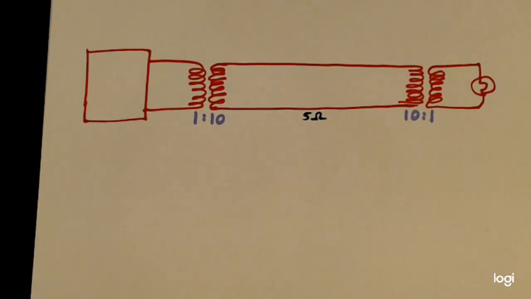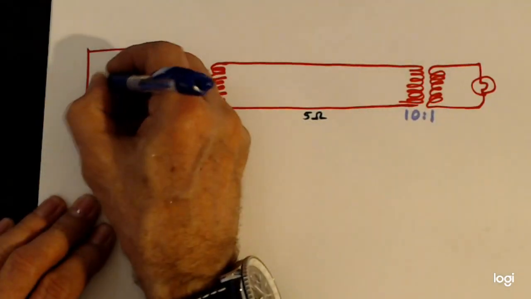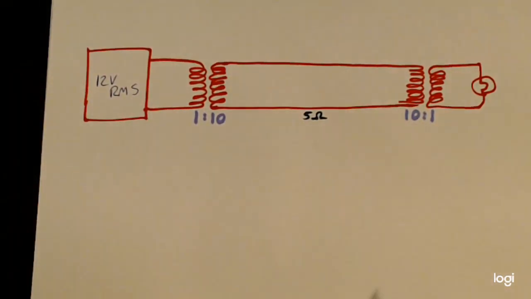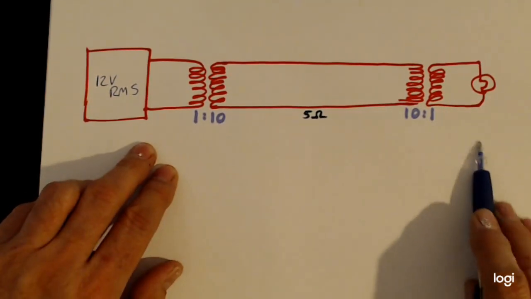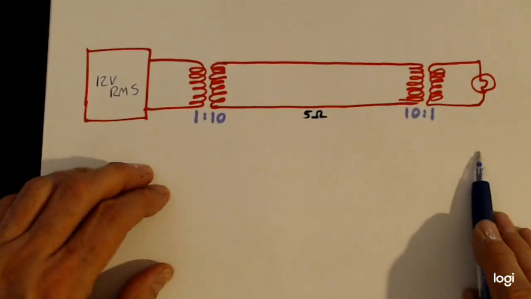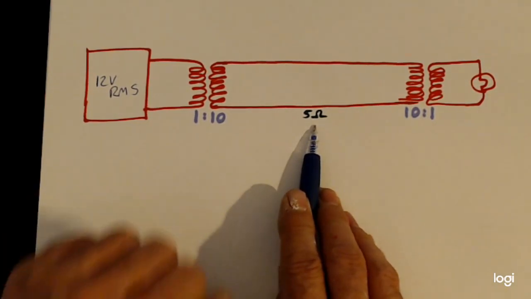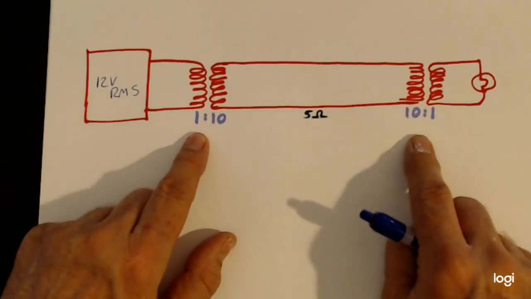Okay, question 6 is the diagram for question 6. I'm just going to label it here, 12 volts RMS. A group of students constructed this model of a power transmission system using the circuit shown. Long distance wiring has a total resistance of 5 ohms. The circuit has 2 ideal transformers. They're identical, but one of them's backwards to the other one.